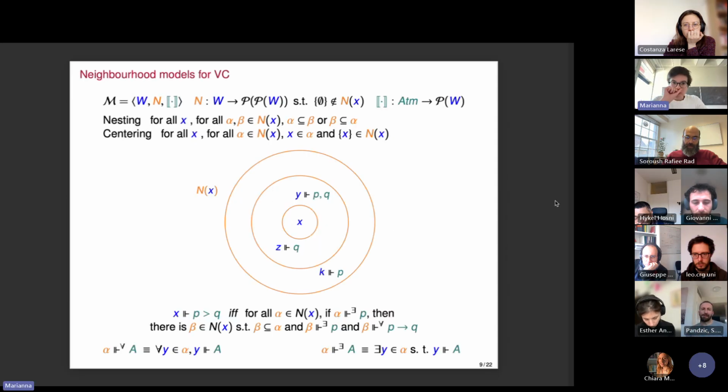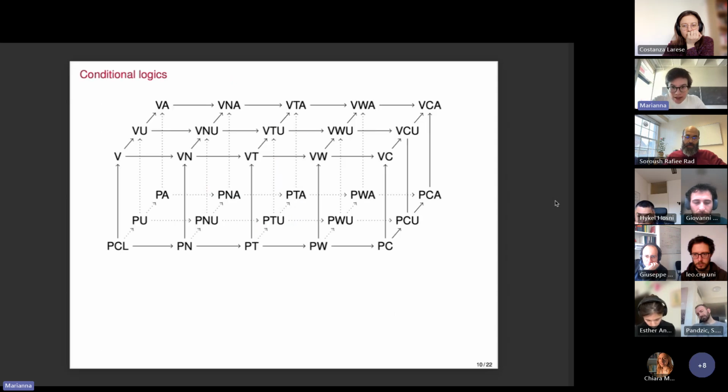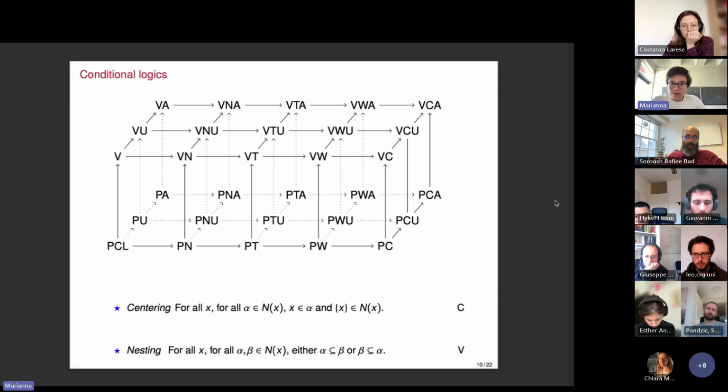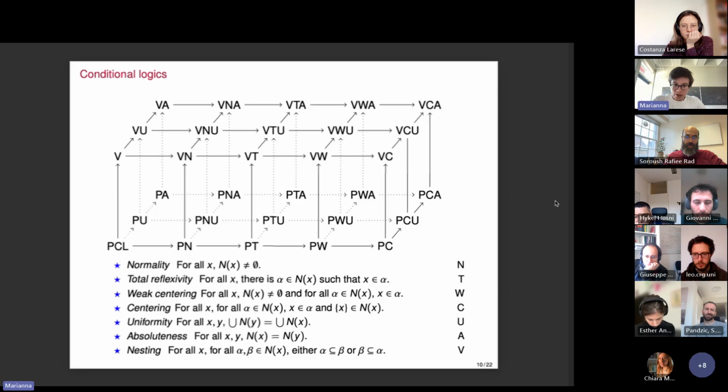Okay, so what I've presented here with nesting and centering are neighborhood models for one of the logics in the lattice. If you want to obtain neighborhood semantics for all the other logics here, you will just add combinations of the frame conditions. All of these frame conditions are from Lewis, and they can basically be adapted also to the lower setting here.